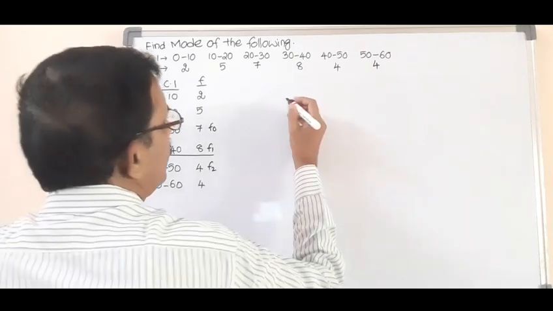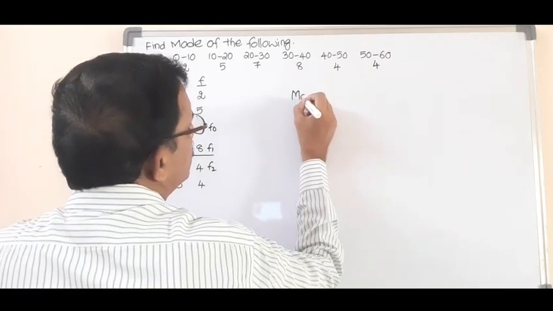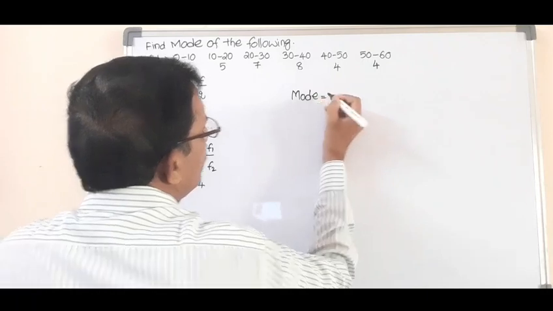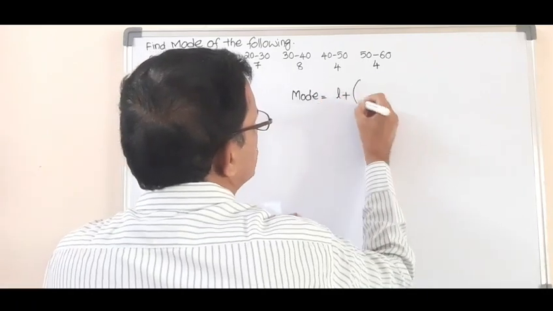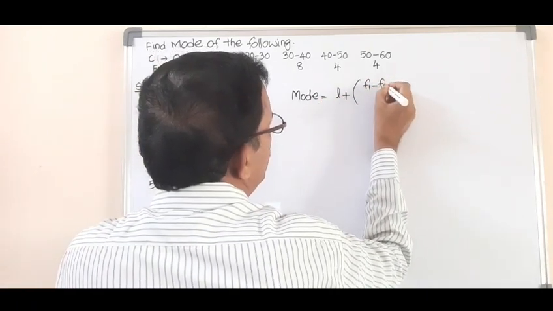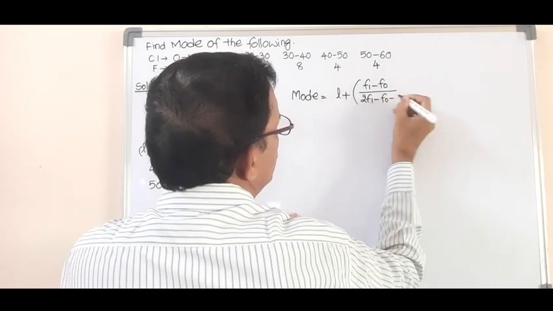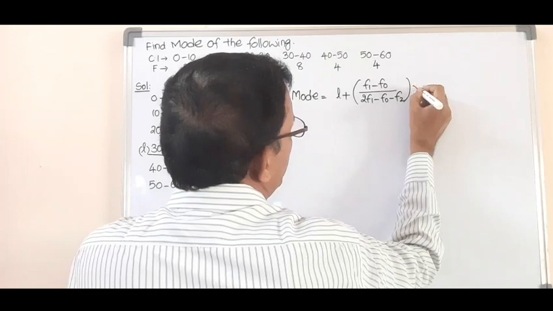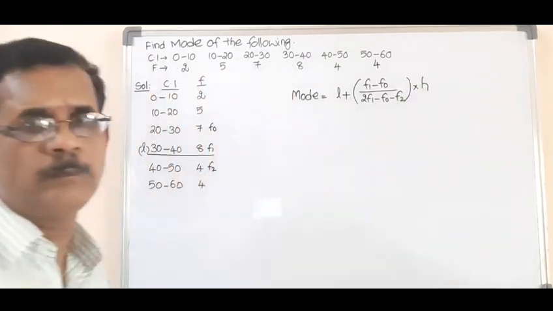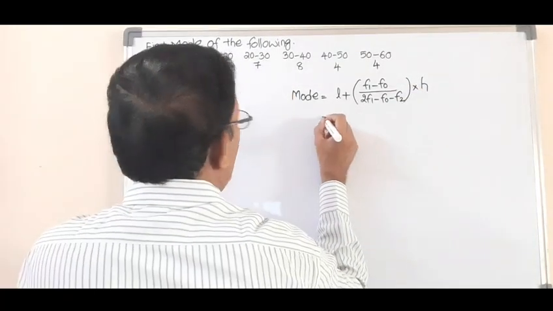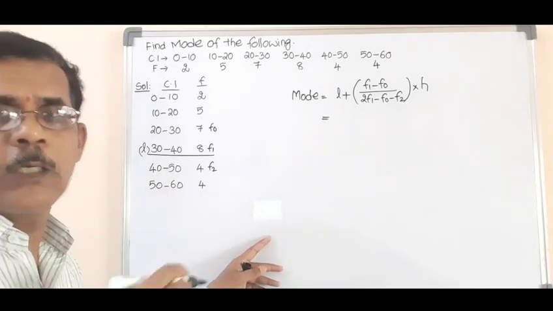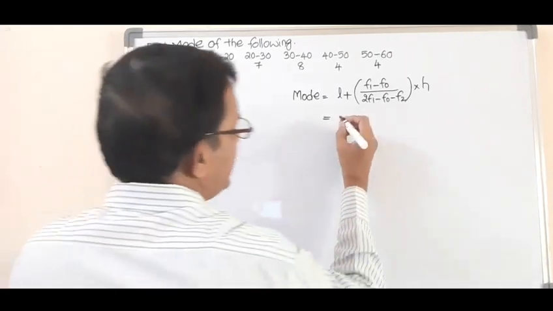Okay, now the formula for mode is equal to L plus (F1 minus F0) by (2F1 minus F0 minus F2) into H. Here the L value is 30. L means the lower limit of the modal class, that is 30.